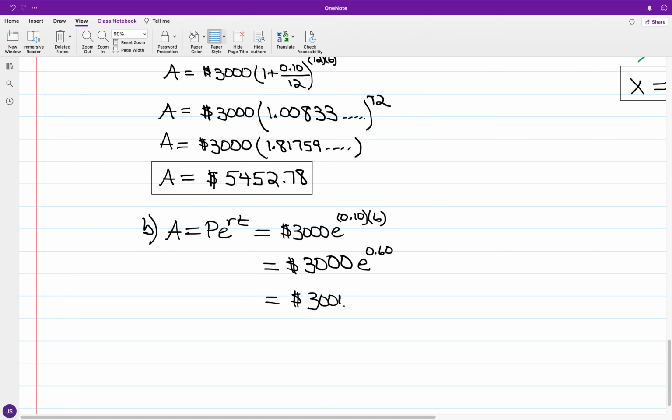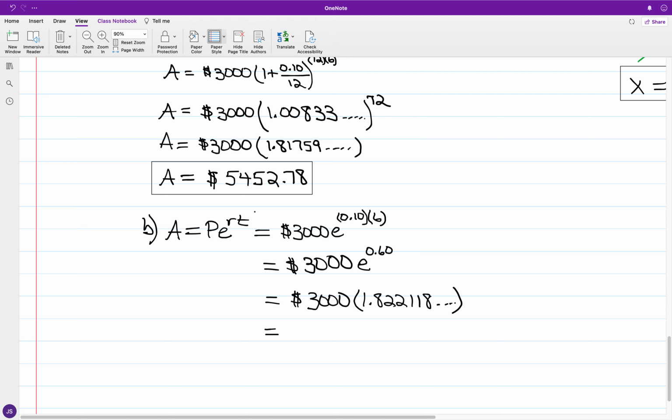And e to the 0.6 is going to be 1.8221188, and multiplying by $3,000.